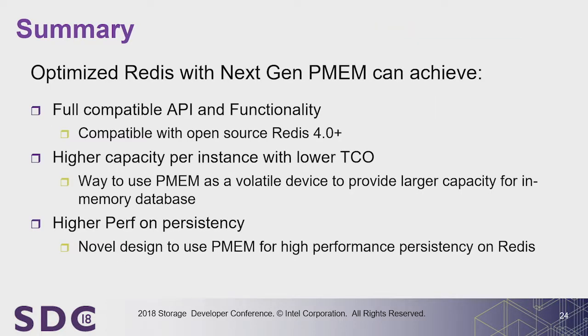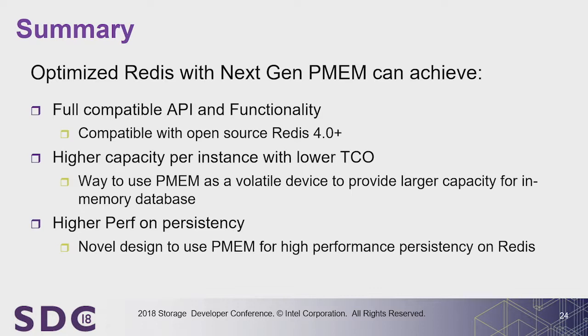So, a quick summary. What can Redis do with next-gen PMEM with the work we did? We enable it with full API compatibility as before, right? Users can be less sensitive, with little change needed to how they use Redis. It's compatible with open source 4.0 plus, and it has higher capacity per instance, which means a lower TCO for the cloud service providers offering this kind of service, right?